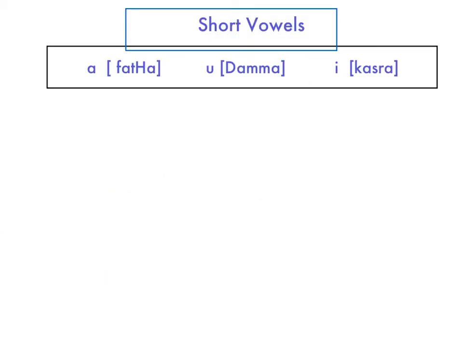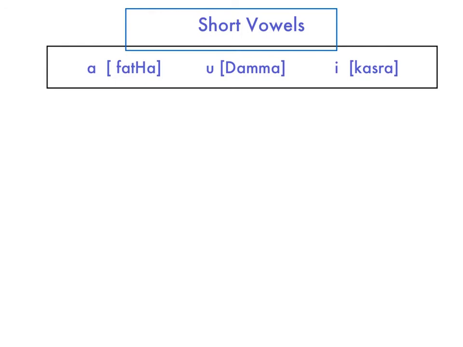As we talked about before, Arabic has both short and long vowels. The short vowels are called the fatha, which makes an a sound, the dhamma, which makes an u sound, and the kasra, which makes an i sound.